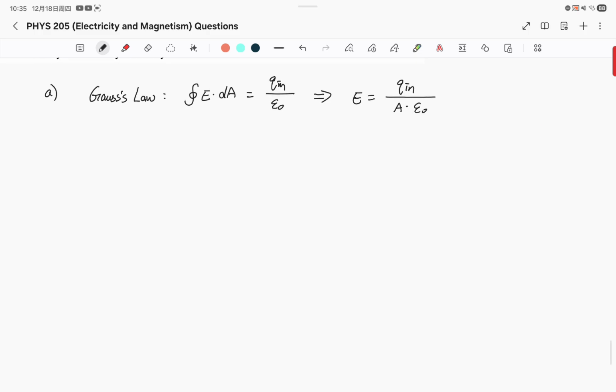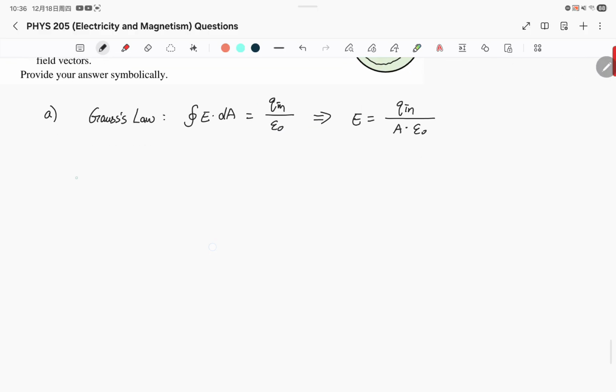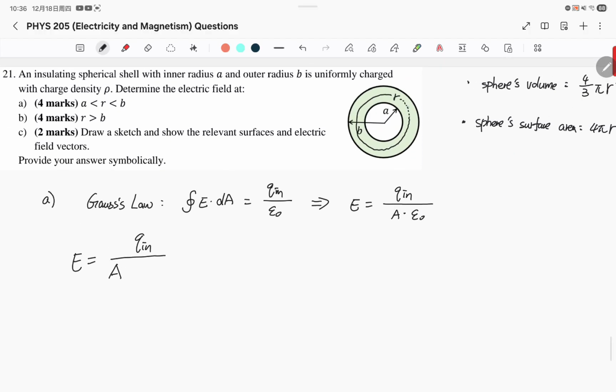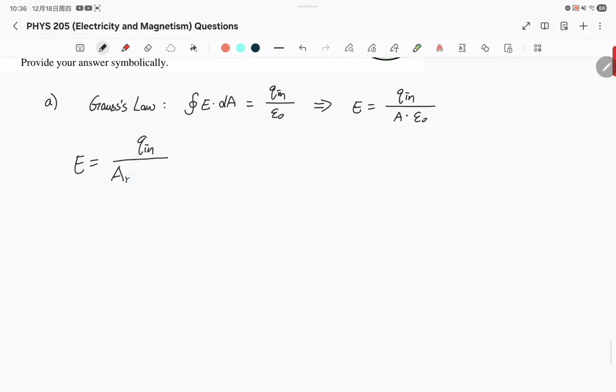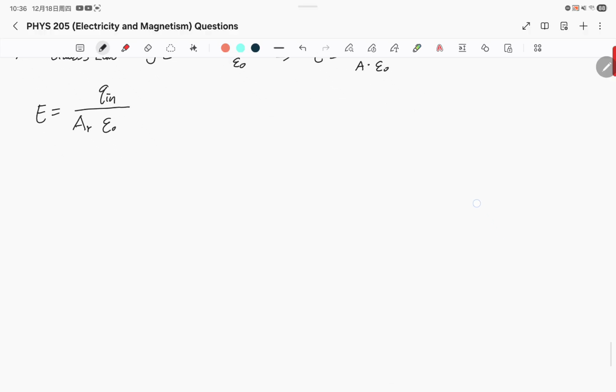So for A smaller than R smaller than B, our E is equal to Q enclosed over A, where A is the Gaussian surface with radius R, over epsilon naught.